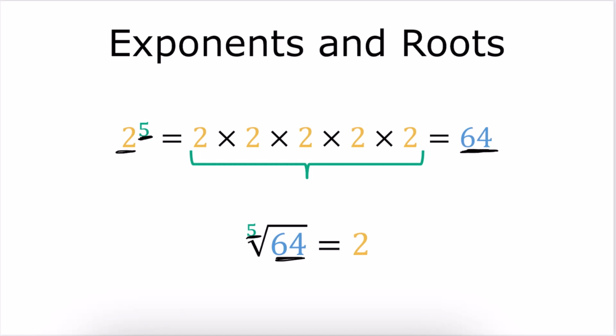And basically what a root does is it undoes an exponent. So since 2 times itself 5 times equals 64, the fifth root of 64 equals 2. So exponents and roots are inverses of each other, similar to how addition and subtraction are inverses and multiplication and division are inverses.